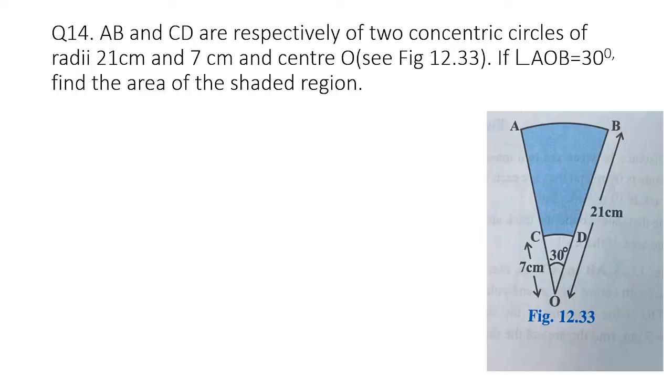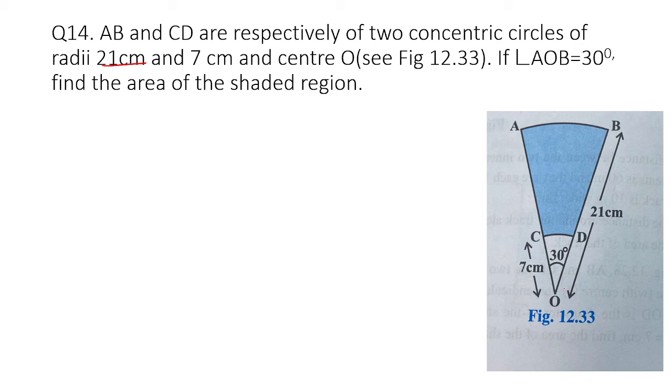It's a very simple question. So this is given AB and CD. You first read the question. AB and CD are two concentric circles of radii 28. Look at this, it's clearly mentioned, right?